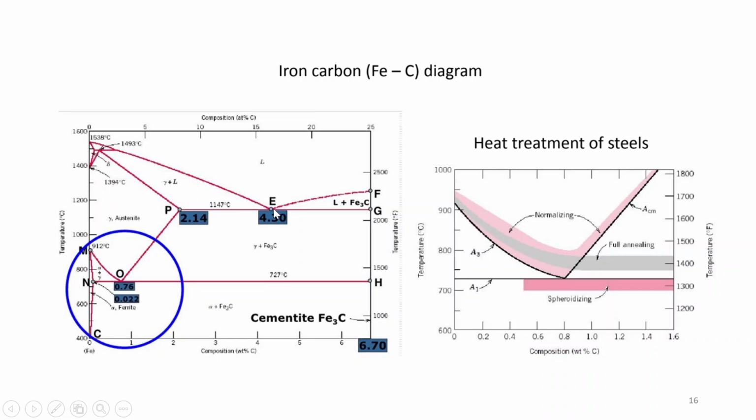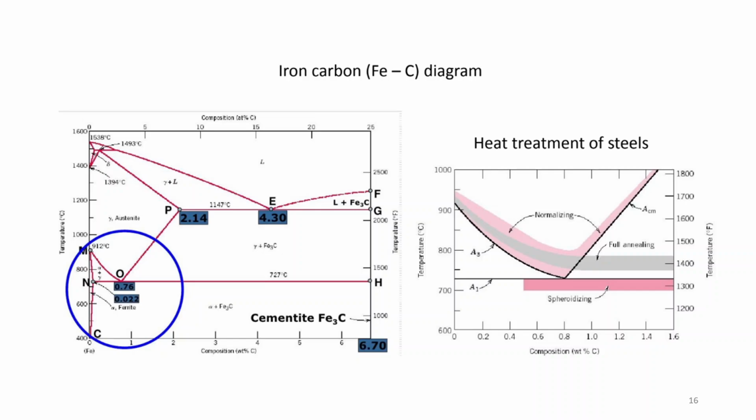In case of eutectic, liquid converts into gamma austenite plus Fe3C. In case of eutectoid steel or eutectoid reaction, austenite converts into a mixture of ferrite and cementite.